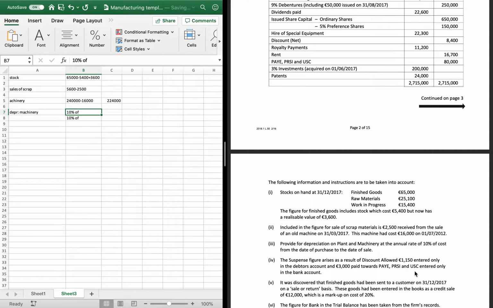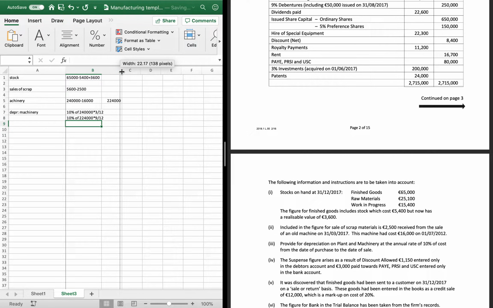Okay, so your depreciation is then 10% of the 240 by 3 months. You sold the machine on the 31st of the 3rd, so it's about 3/12. And then you had 224 for the remaining 9 months.